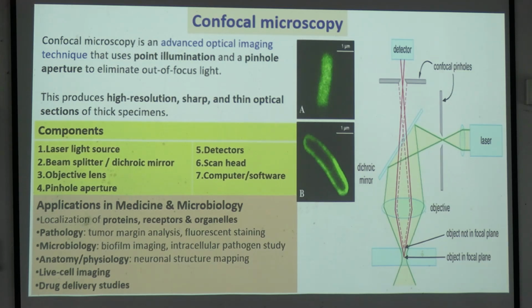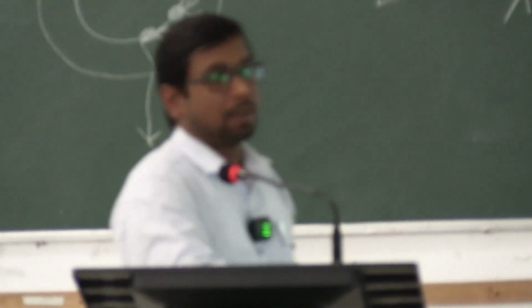We will use laser light, and that laser light will pass through that pinhole filter, and that very focused light will fall onto the specimen. The specimen will reflect that light, and that light will pass through the dichroic mirror, and again it will fall on the pinhole filter, and that pinhole filter will cut off all the out of focus light, and only the focused light will go to the detector and we will find that particular image.